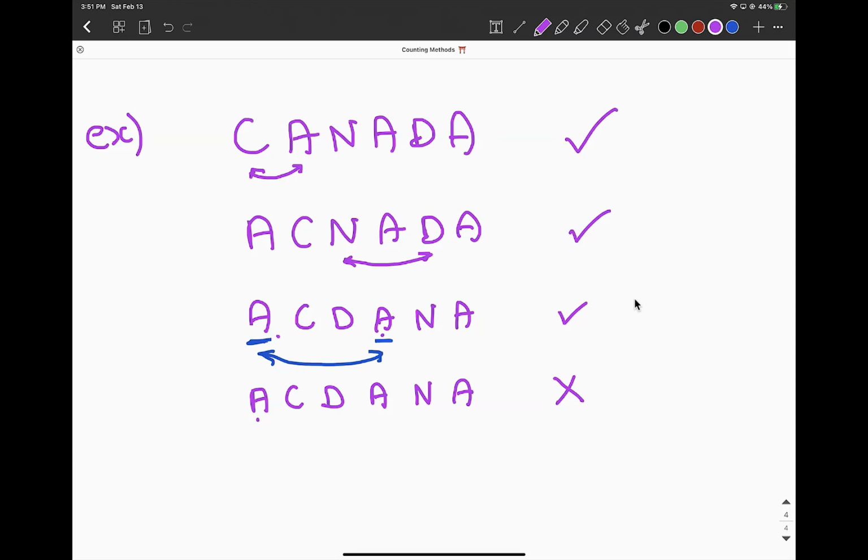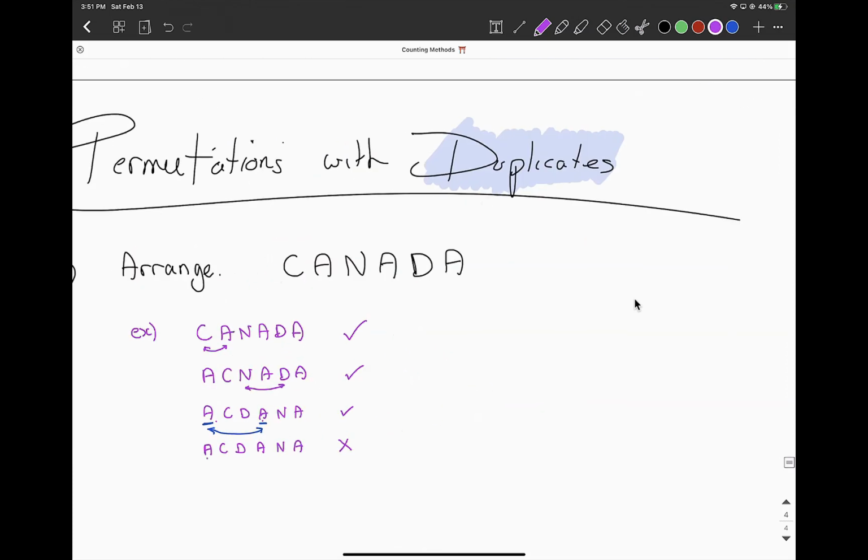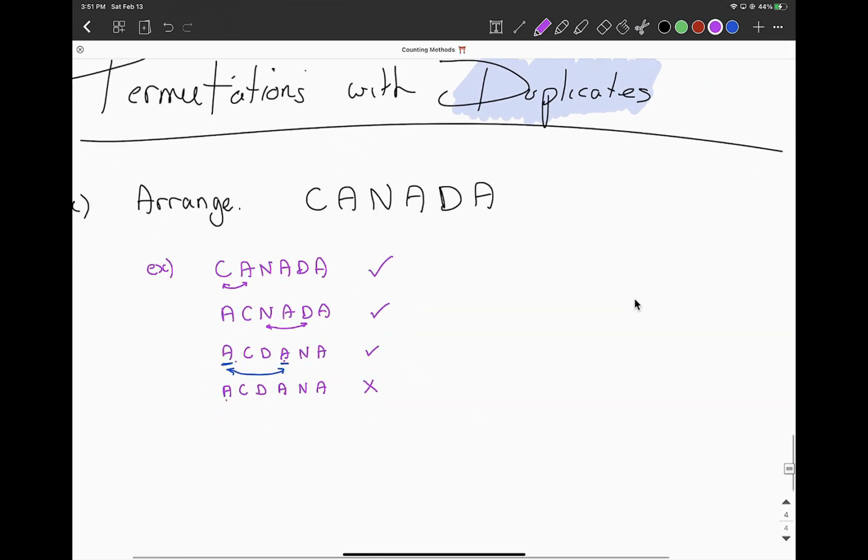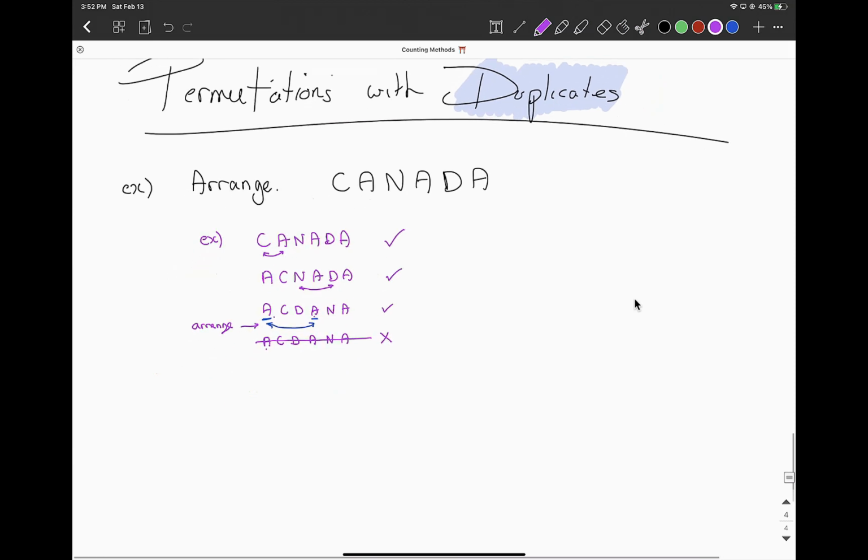That is not a new password. It is not a new permutation of these letters. And we have to find a way, even though all I did was arrange them, we have to have a strategy that can find those ones so that we're not ending up counting things that are not new, that are duplicates, and we can't count those things.